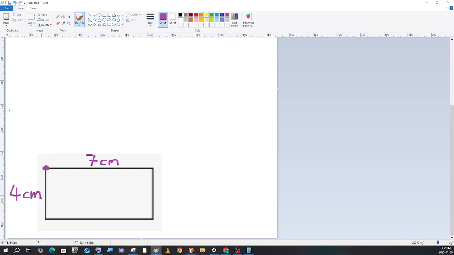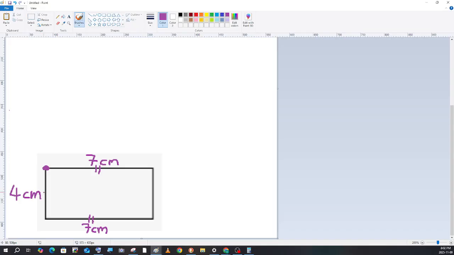Okay, it's the total distance around the shape. All right, so another way you can think of it is it's also the sum of all the side lengths. It's what you would get if you added all the side lengths together. All right, so in a rectangle, like we said, these two sides are the same length. Okay, so if I know that this side up here is 7 centimeters, I know that this bottom side is also 7 centimeters.